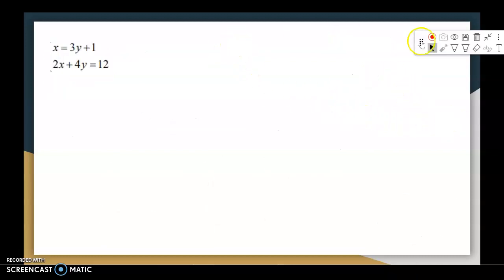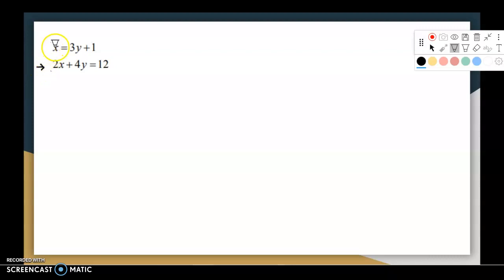Okay, so here's one more example. I want you to try to solve x equals 3y plus 1 and 2x plus 4y equals 12. Now if you look, we have one equation that's in standard form down here and another equation that's solved for a variable. So we are going to take the equation that's solved for a variable and substitute it into this second equation.